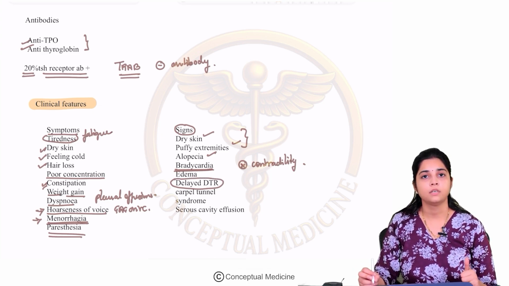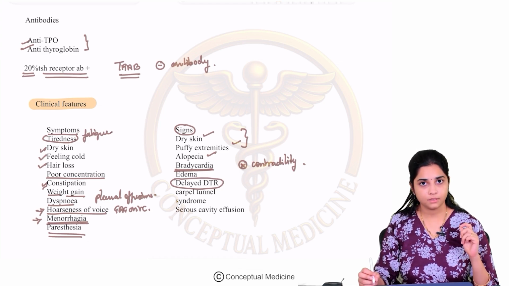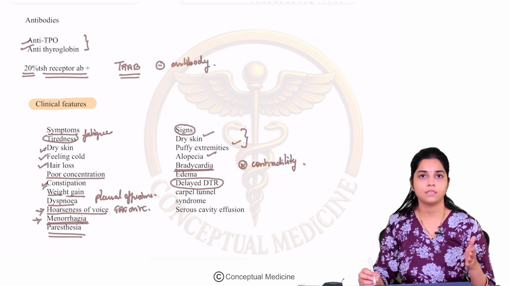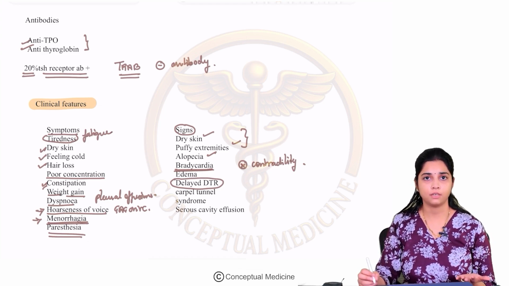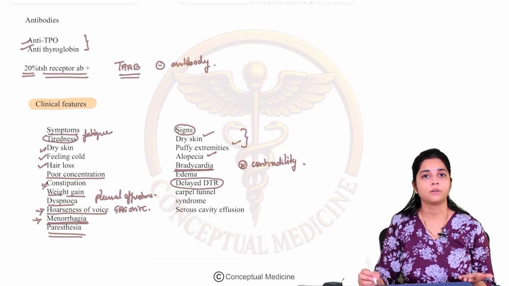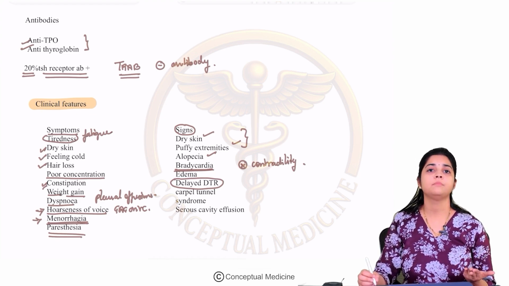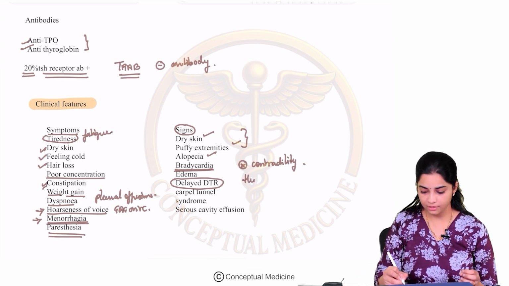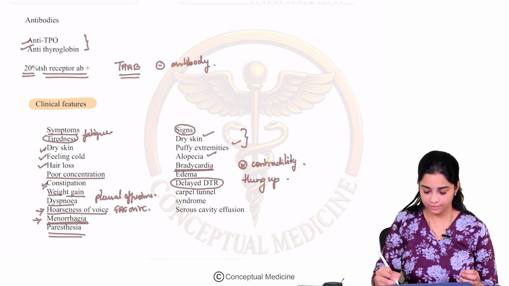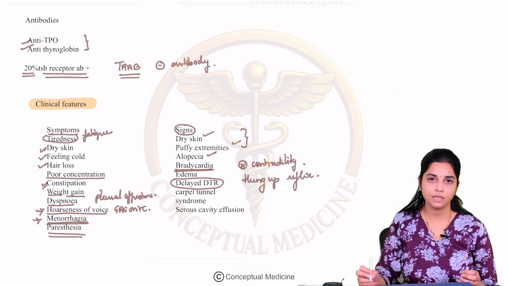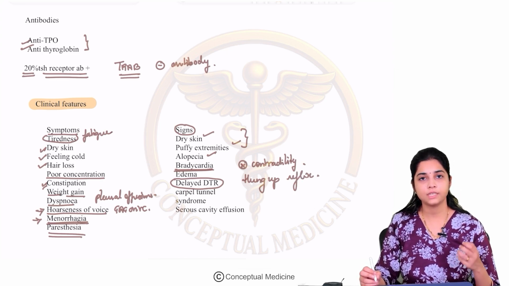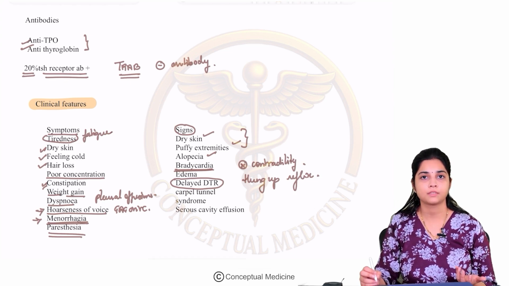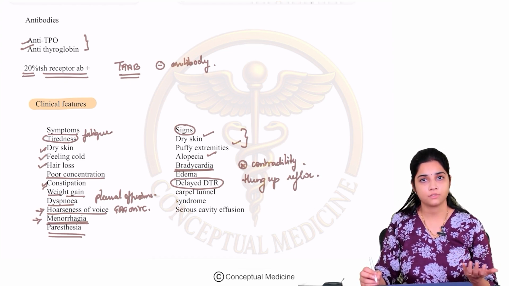That means that whenever you strike the hammer, let's say on your knee jerk, in a patient with hypothyroidism, there is a delay in the deep tendon reflexes. The muscles fail to relax and you can have a hung up reflex, hung up knee jerk, because the muscles relax slowly.